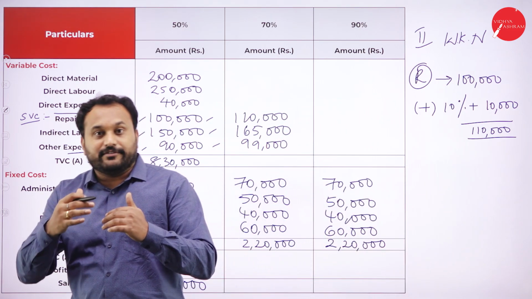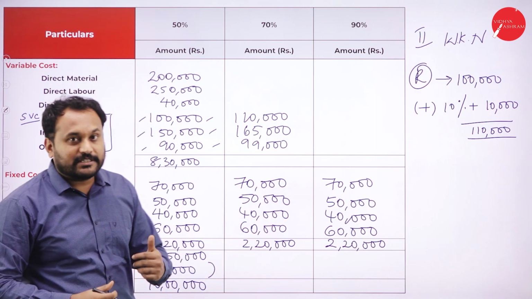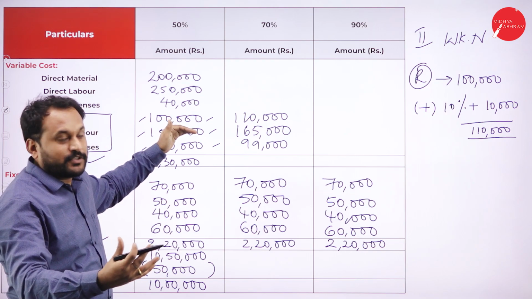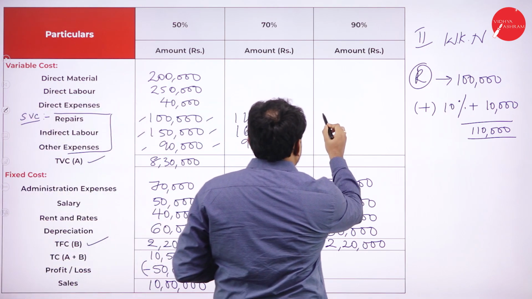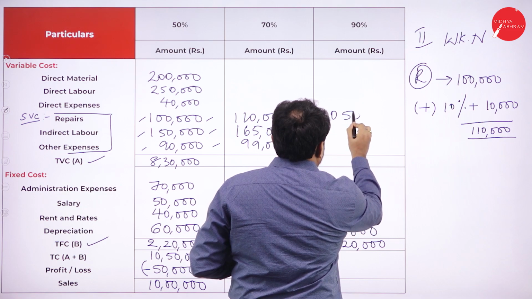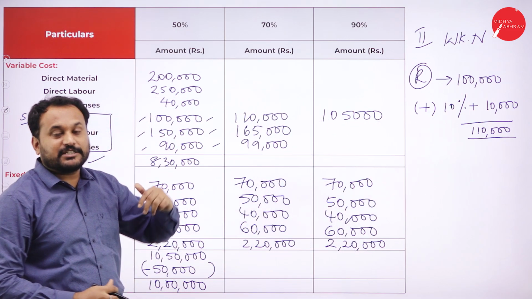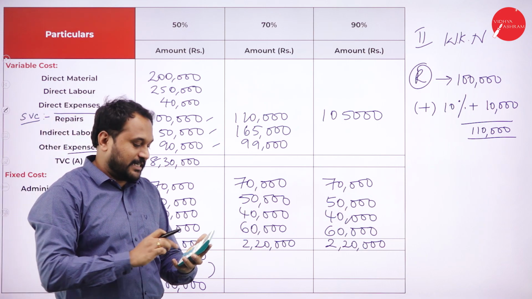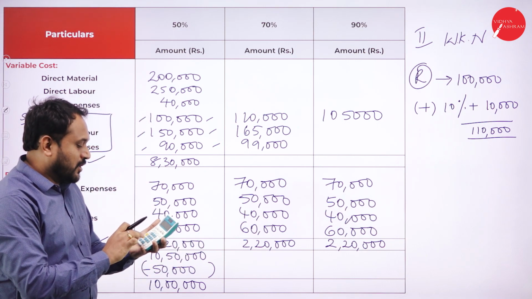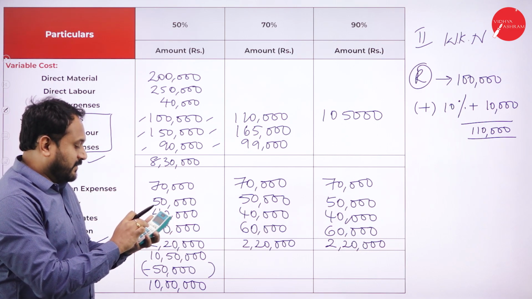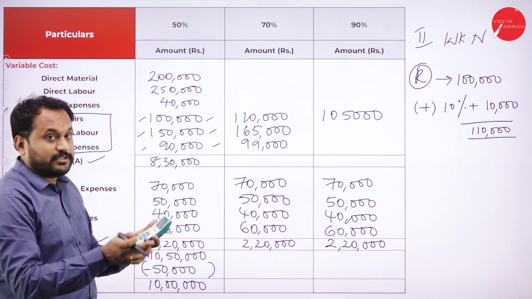Now half of 10% is the 5%, right? So 1 lakh plus 5%, so it is 1 lakh 5,000. Now 1 lakh 50,000 plus 5%. If you have any doubt, what you should do is take a calculator. 1 lakh 50,000 into 5% is 7,500.